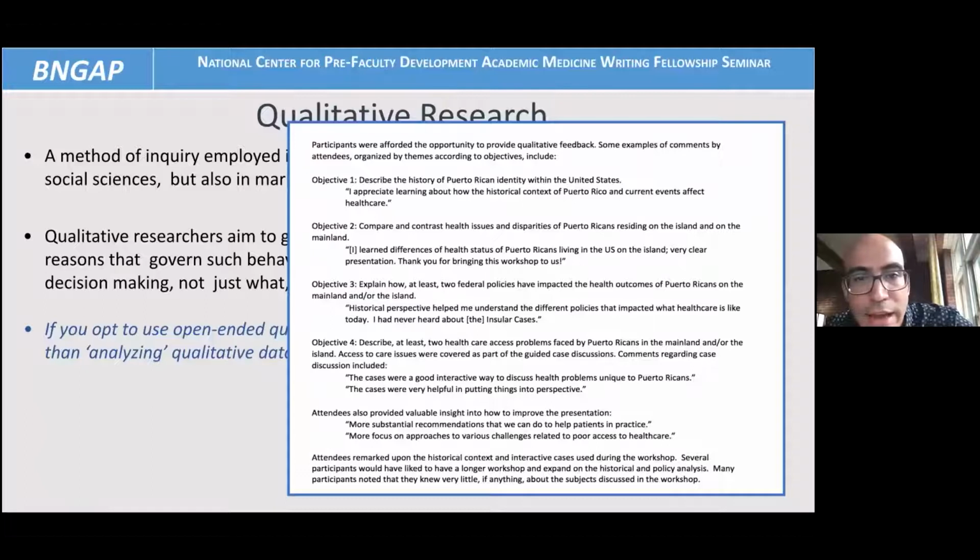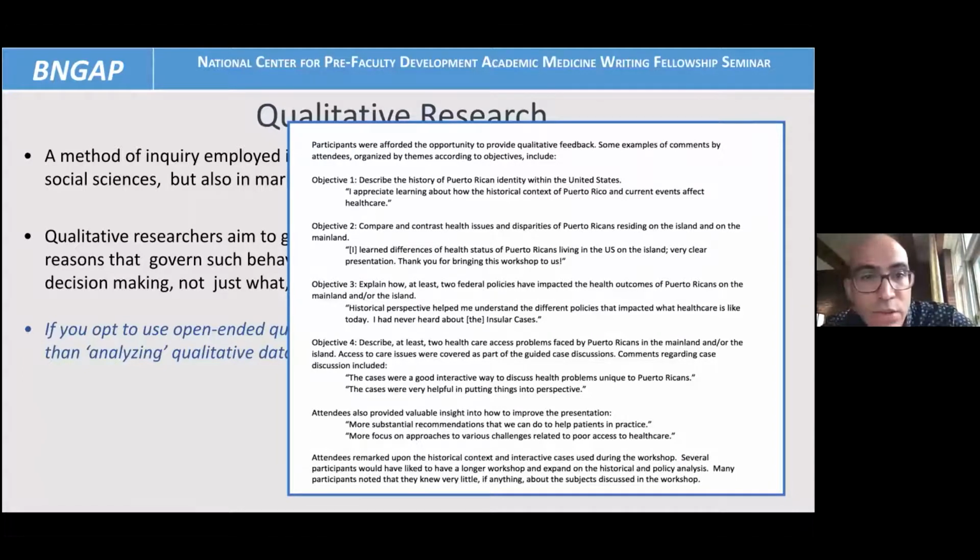So looking at objective 1, describe the history of Puerto Rican identity within the United States. The team that wrote this ESR included the comment, I appreciated learning about how the historical context of Puerto Rico and current events affect healthcare.